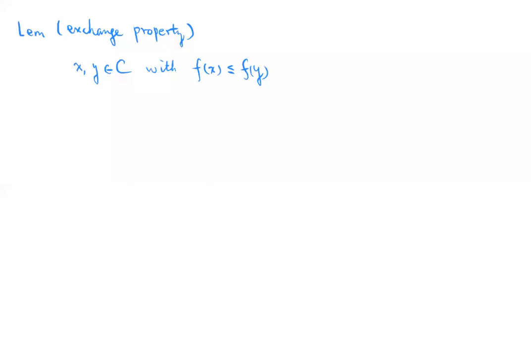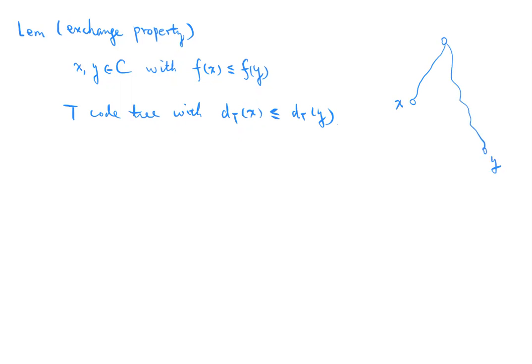And a code tree T where the code word for x is no longer than the code word of y. All right. So that's the assumption. So in the code tree T, x, y is lower, somewhere it's lower. So that's the second property, this one.